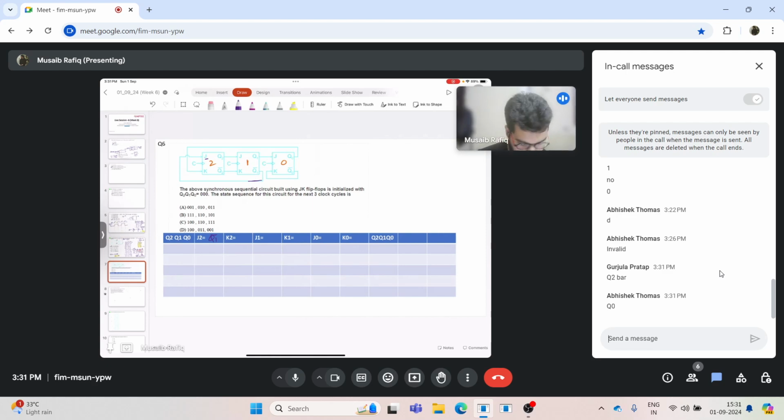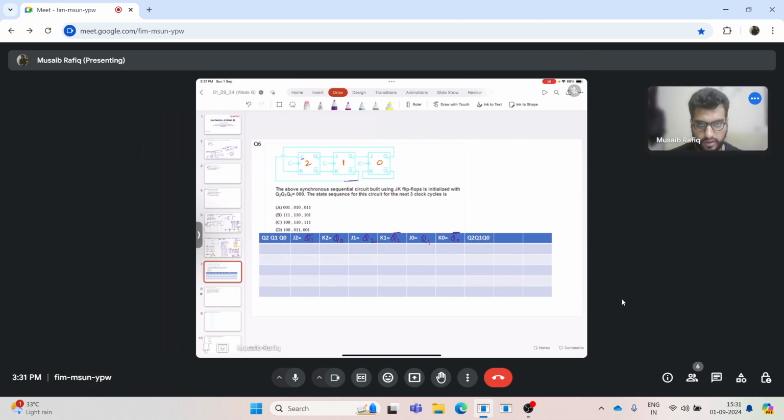Q0. Thank you. Similarly, J1 will be equal to Q2, K1 will be equal to Q2 bar. J0, what will J0 be equal to? Q1, and K0 will be equal to Q0 bar, right? You can check at your places as well.